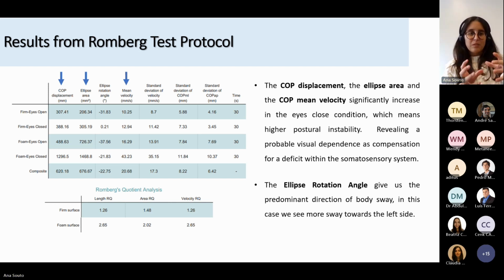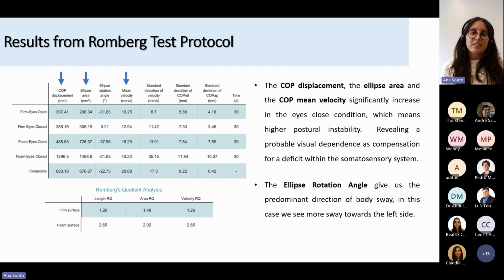If we analyze the rotation of this ellipse, we can also understand the predominant sway direction. So we can see if the patient was swaying more in the mediolateral plane or more in the anteroposterior plane, and more towards the left side or more towards the right side.